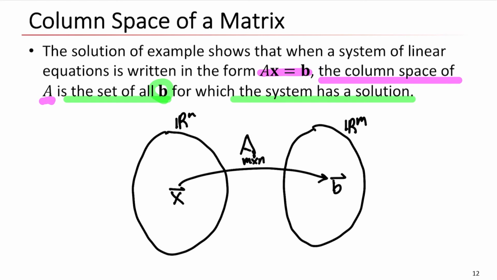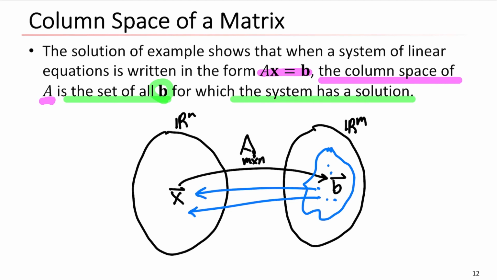So the set of all b for which the system has a solution, like that. Every b here has a mapping here. Okay, and this point has no solution here.